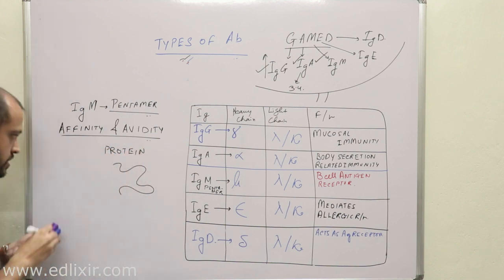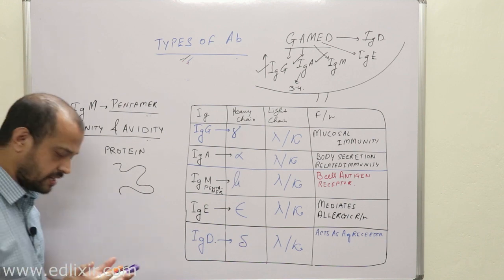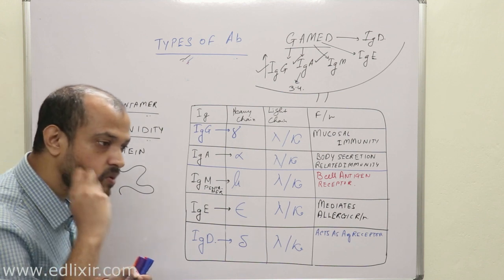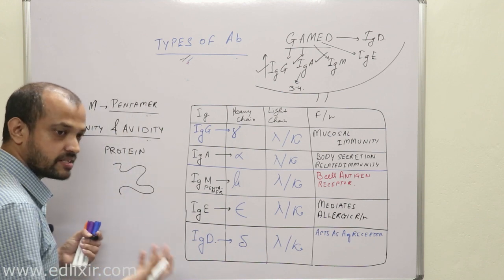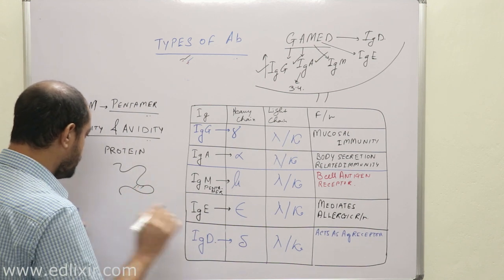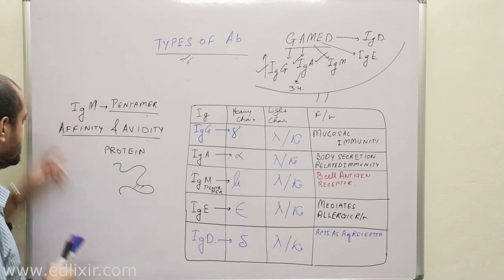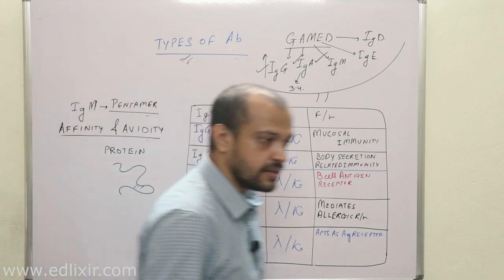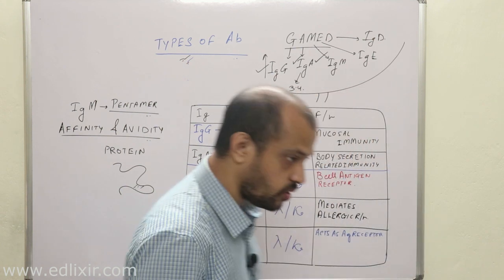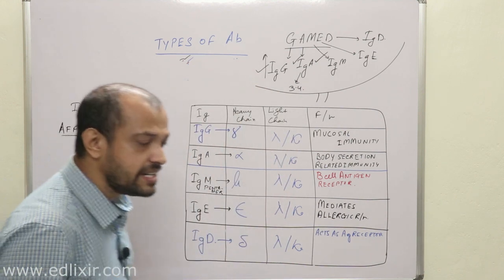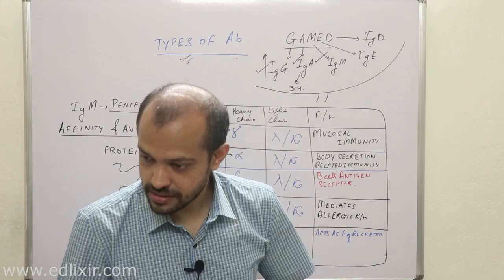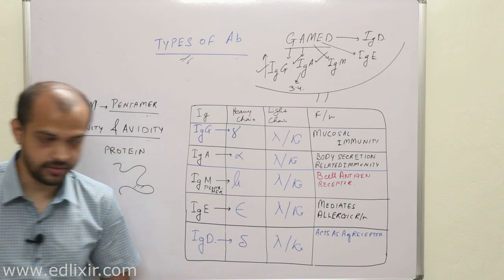This protein is held together in a tertiary structure by many forces like hydrogen bonding, covalent interactions, non-covalent interactions, and many other things. A very important point with respect to affinity is this: affinity is the strength of a single binding site of an antibody. Clear? So now you know what affinity is.